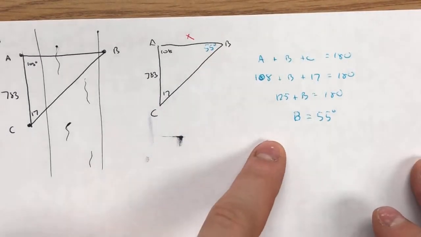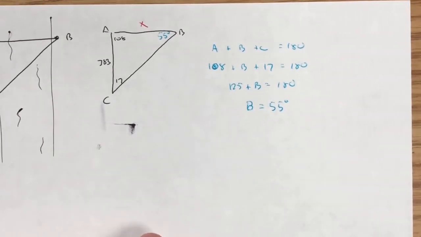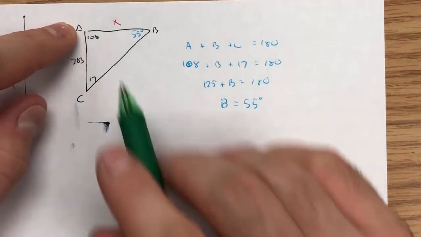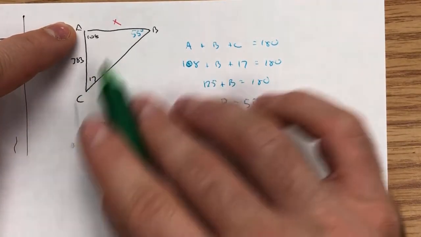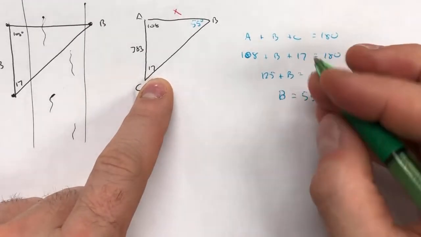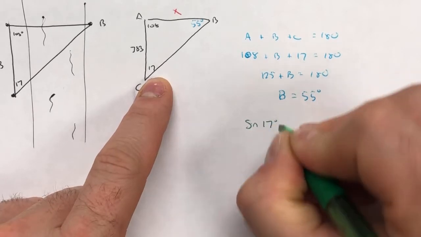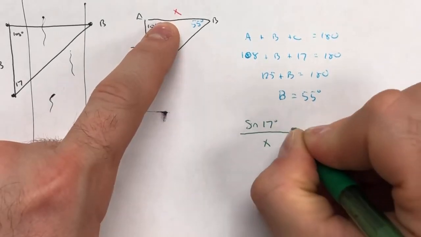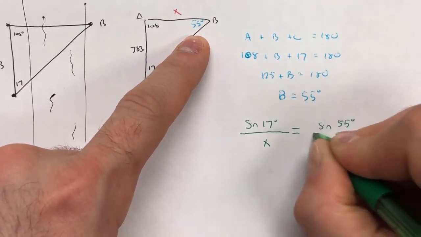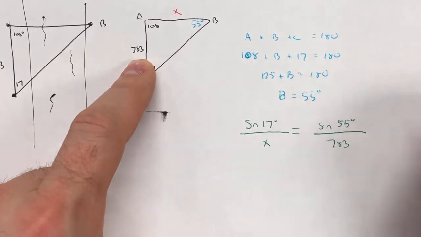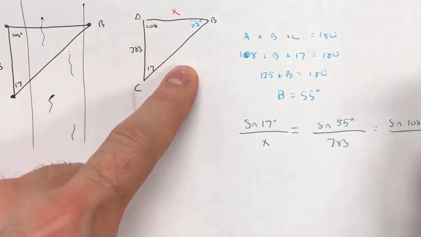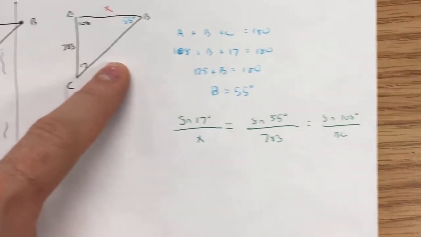Okay? So now that I know angle B is 55 degrees, I'm going to use that law of sines to figure out what my value for x is. So A over A is equal to B over B, C over C. So the sine of 17 degrees over x is equal to the sine of 55 degrees over 783, is equal to the sine of 108 degrees over whatever BC is.